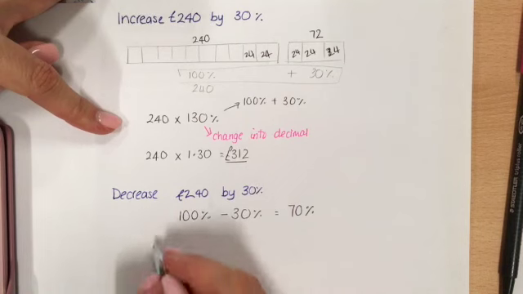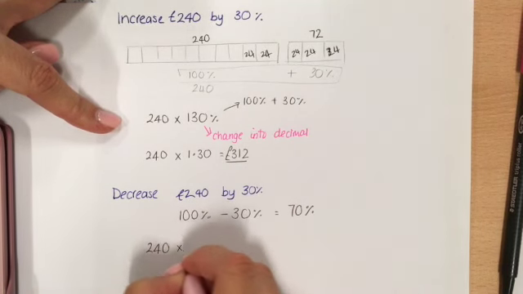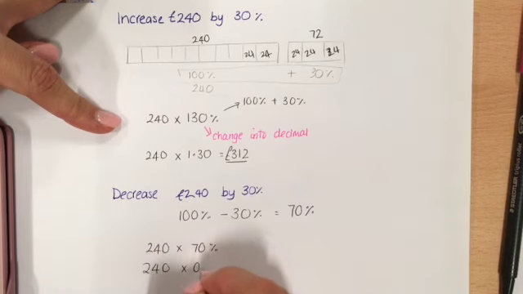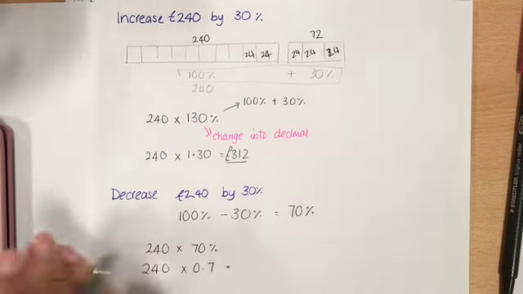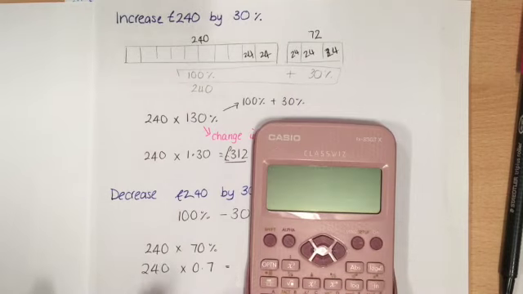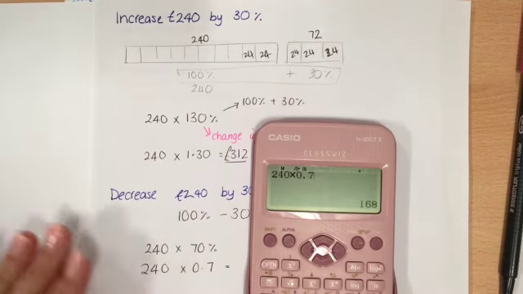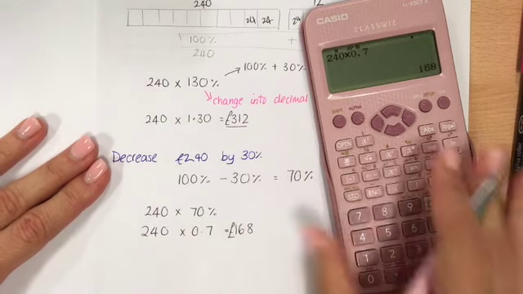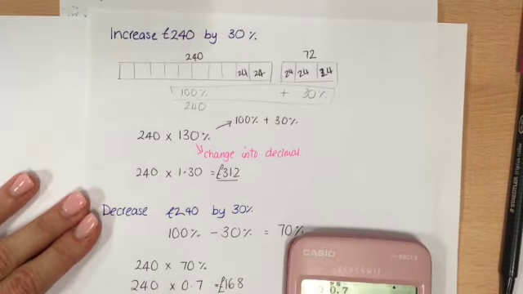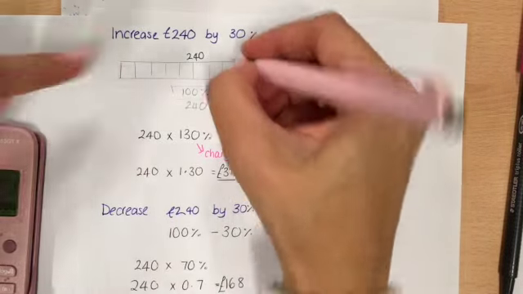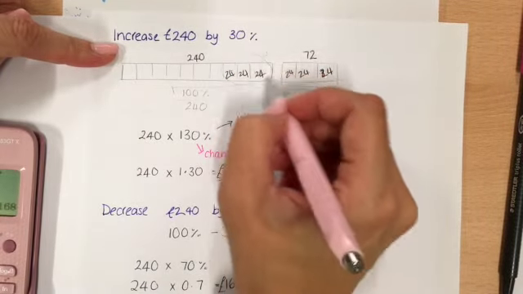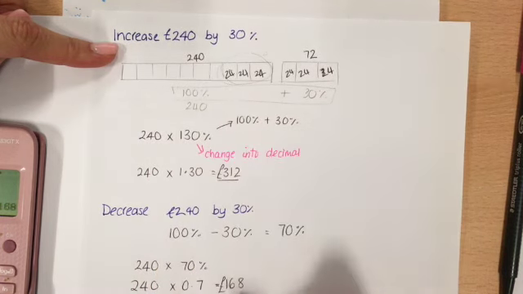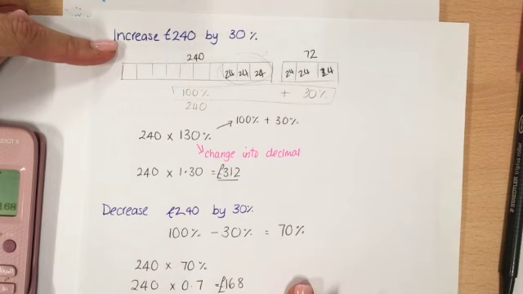I'm going to do exactly the same thing: 240 times 70%, which is the same as saying 240 times 0.7. If I type that in on my calculator, it's £168. In the bar model, I would need to take 3 of these away, so 240 take away 72, which is quite rightly 168.